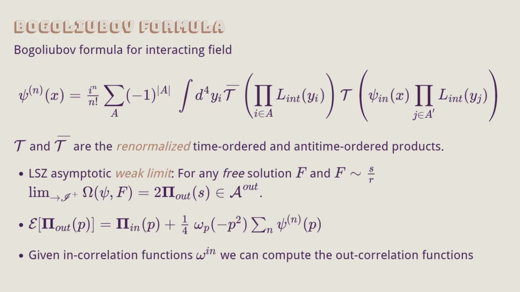It's the annihilation operator in the F state, in the F basis. If the F you pick is a plane wave, then it will be the momentum annihilation operator. If you take a plane wave of negative frequency, you'll get the creation operator. So LSZ works in the same way for both: the creation operator and annihilation operator for F, sort of asymptotically, according to how F moves to infinity.